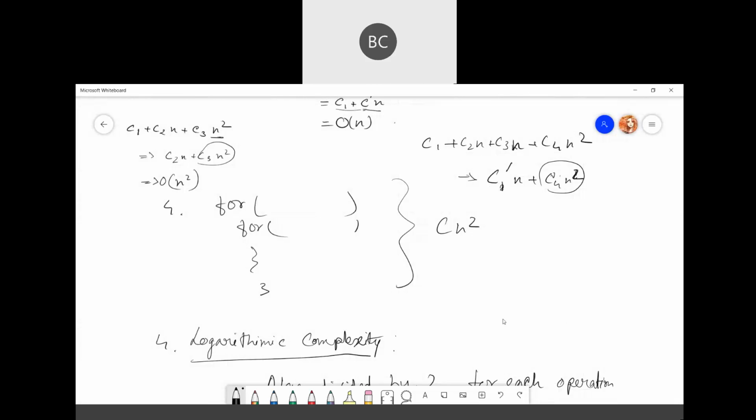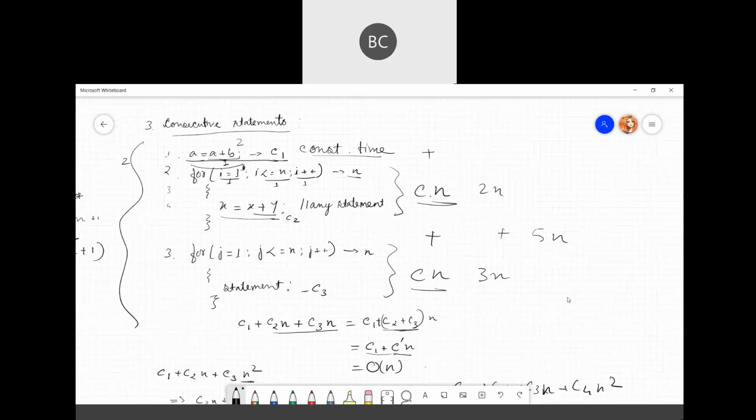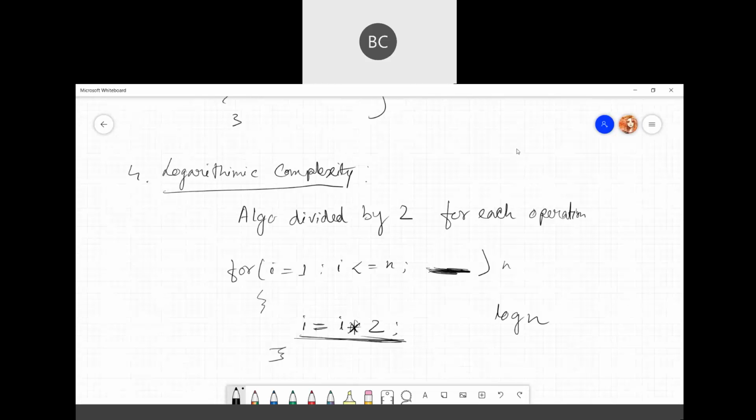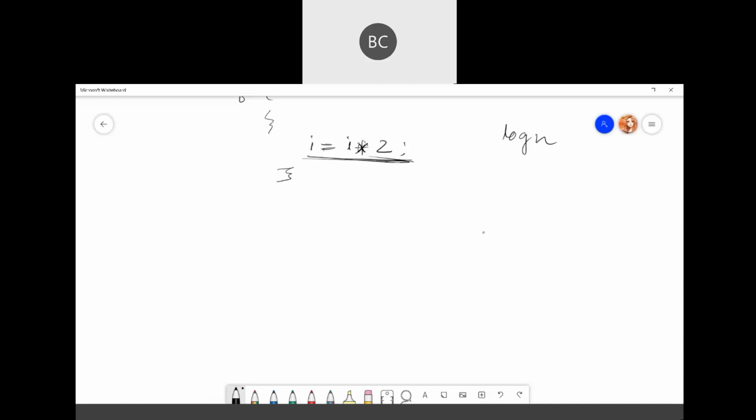So this part is clear, I guess. Consecutive terms done. Next, see the if else statement. Sometimes we also have if else statements, right? These are just conditionals.